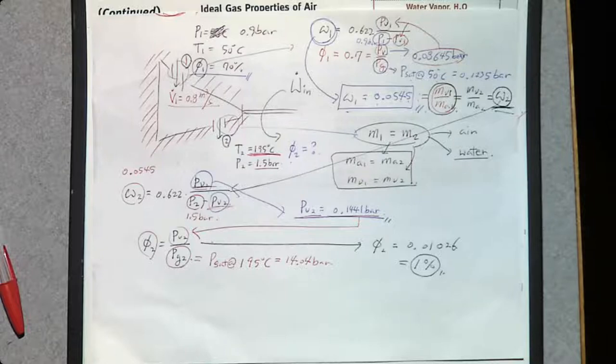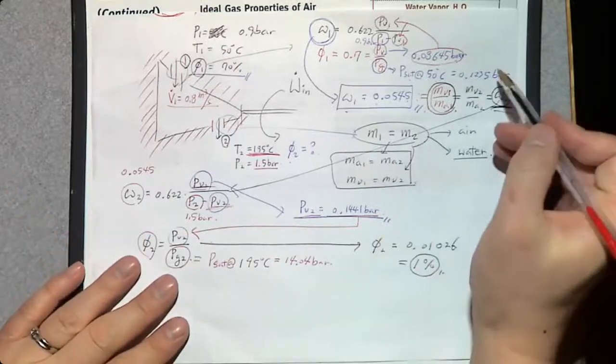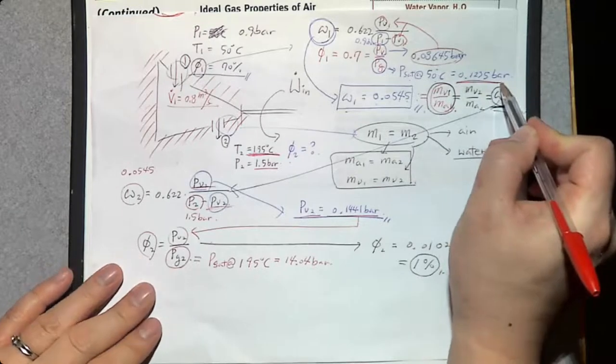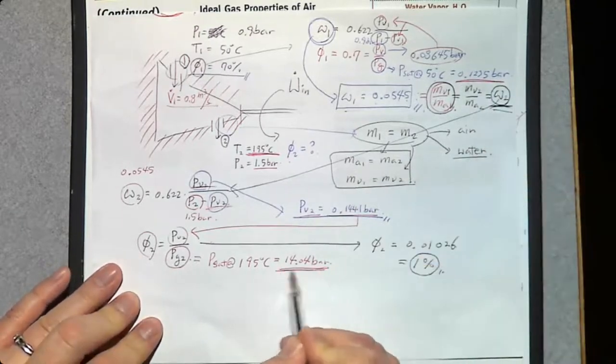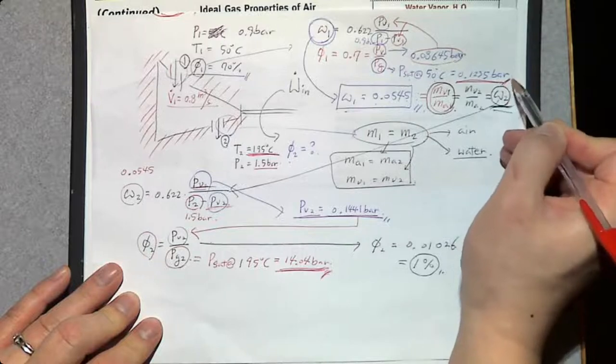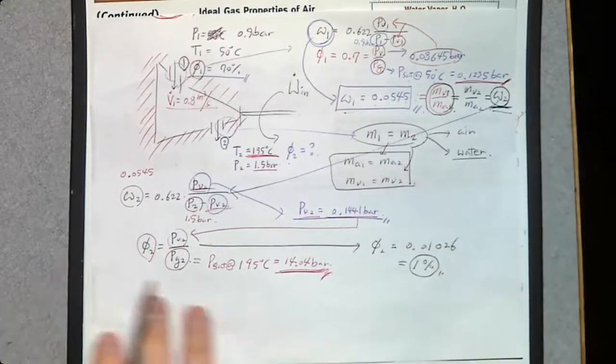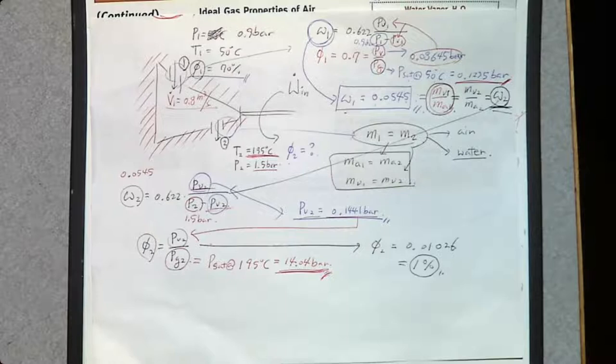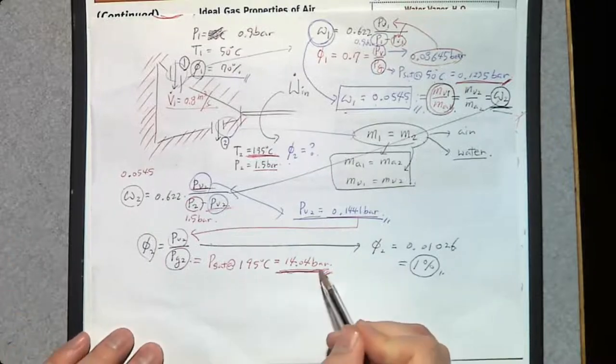When you increase the temperature, the air can contain more moisture because the saturation pressure Pg goes up from 0.12 to 14.04. So it can contain much more water vapor at a higher saturation temperature.